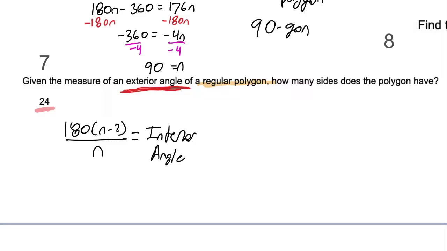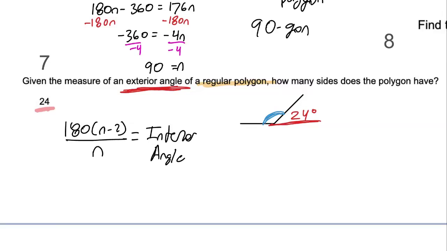But what am I given? The exterior, right? So that means I don't know how many sides it has, but if I wanted to draw one of the angles, it'll look something like this, and then all the other sides. So the exterior angle in this case is 24 degrees, but I need the interior angle, this angle inside the polygon.